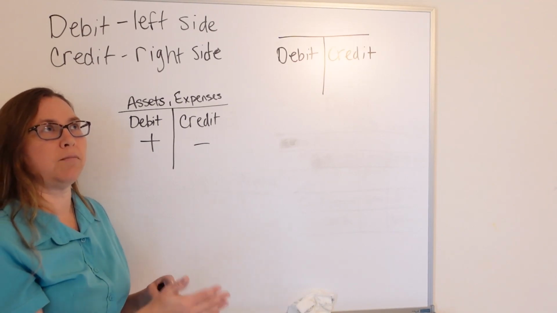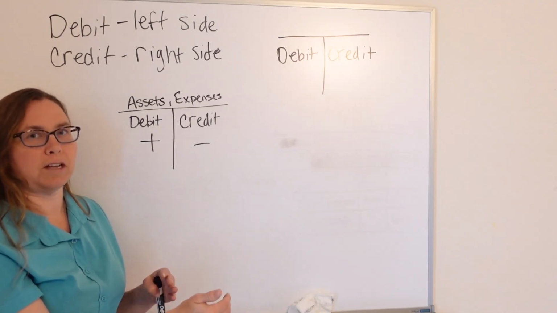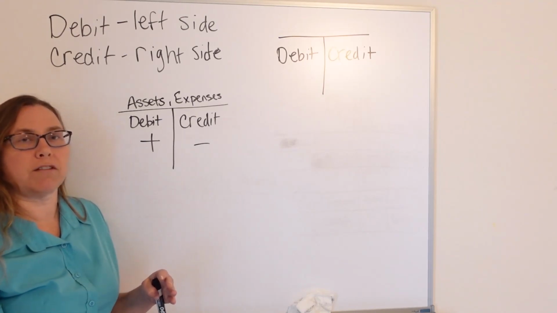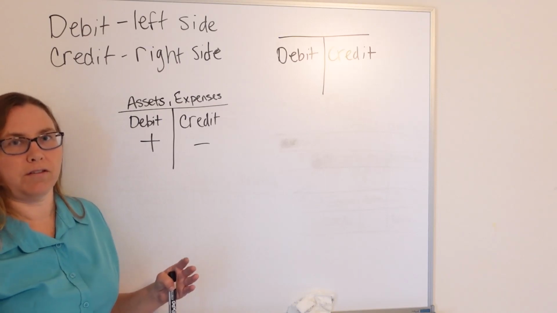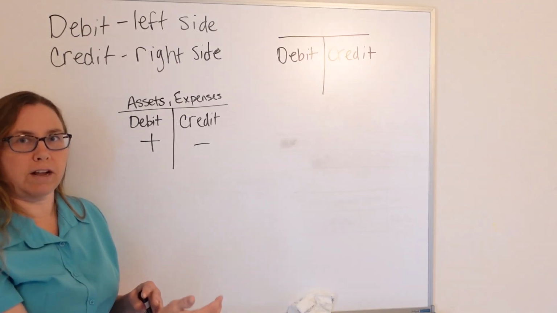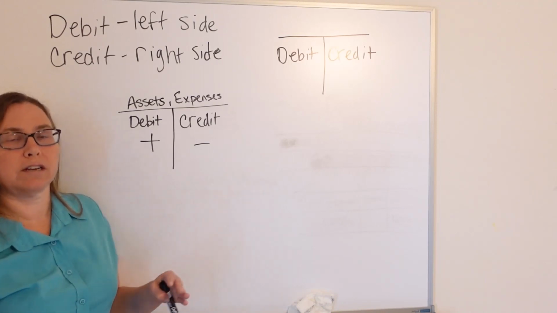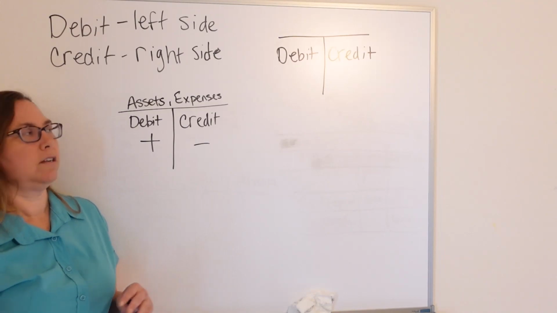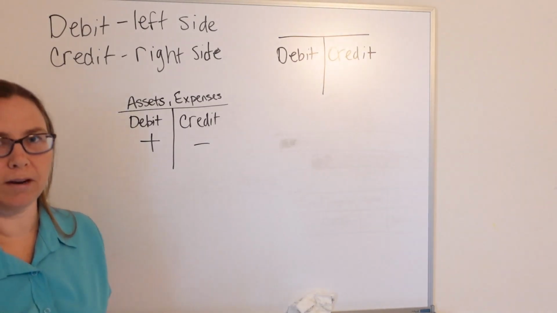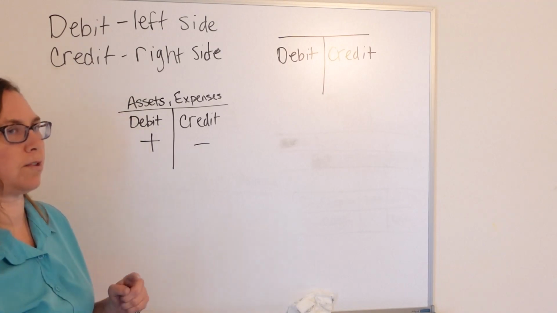So as you're spending money on expenses, you're adding to that individual expense account. Same thing for rent. Every month, if you pay rent to have an office space, you're adding to your rent expense account, adding to your expenses so you can get a total at year end to see how much money you made or how much money you subtracted from your business because it's something you pay.